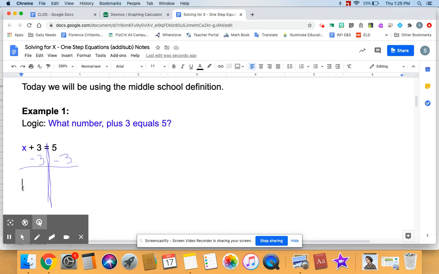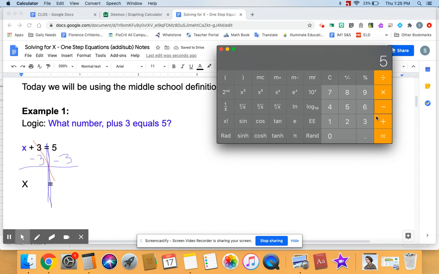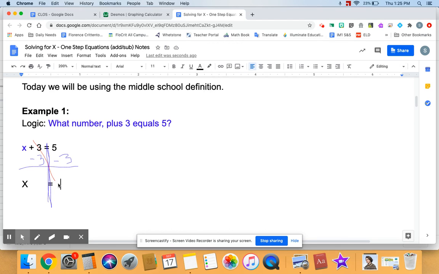So now, when I do the math, I have x. This plus 3 minus 3 eliminates. I still have equals. On this side, 5 minus 3, if I don't know, I could always put into a calculator, is 2. So my answer is x has to be 2 to make this equation true, where 2 plus 3 equals 5.